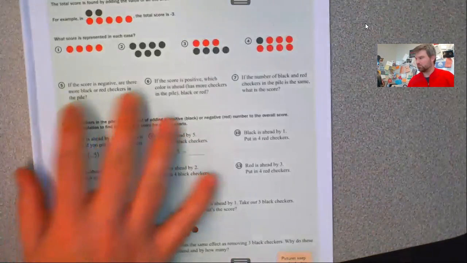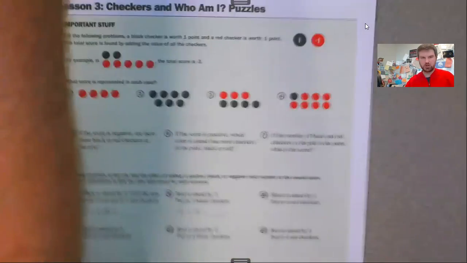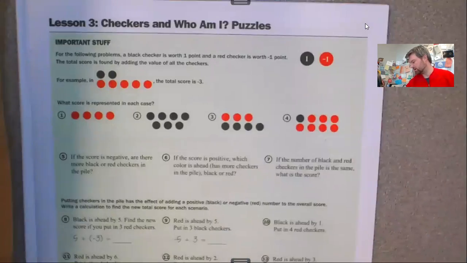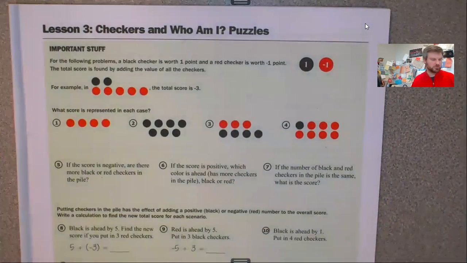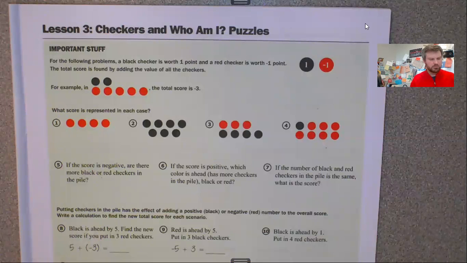Okay, let's go to page 13. So we just want to kind of break things up there with a little puzzle. So we're going to be on lesson 3, which is page 13 of your workbook, and we're going to work through some of these. So in this, we're looking at checkerboard pieces.